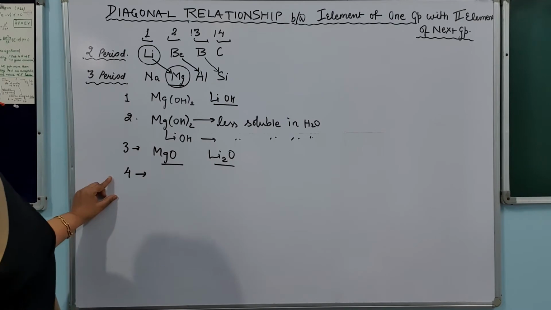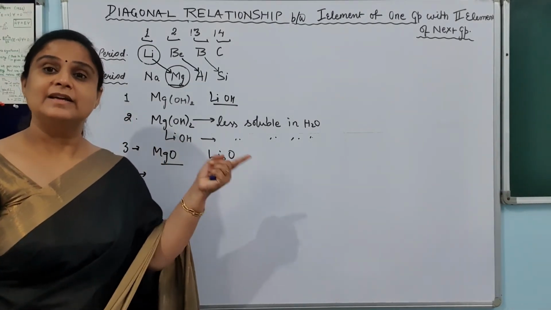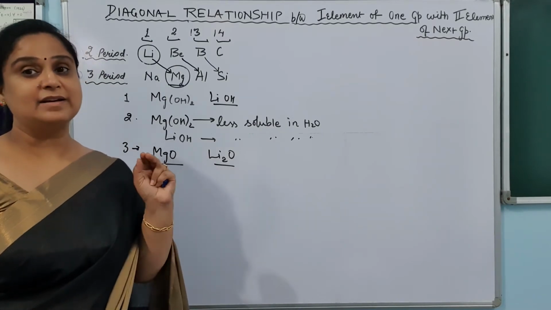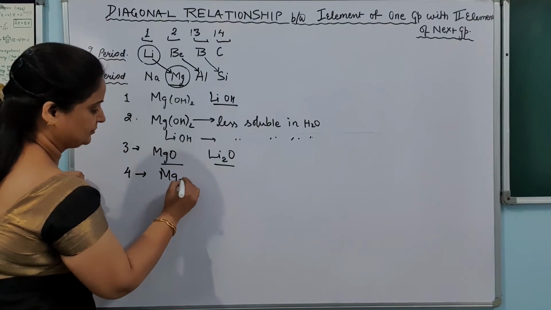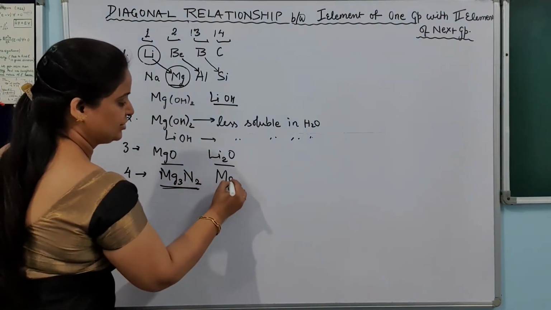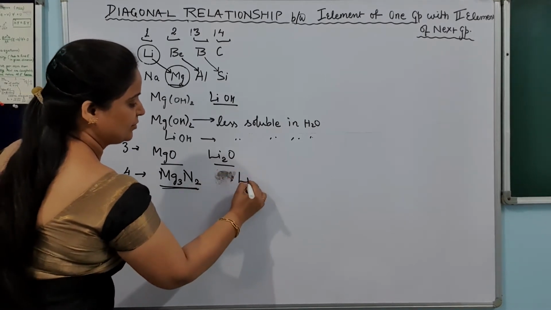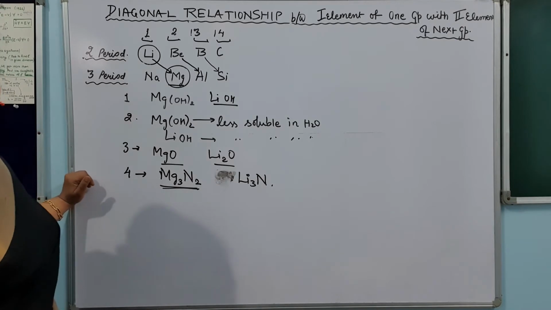The fourth point of similarity: in the group of lithium, no other element was making a stable nitride, whereas magnesium forms a stable nitride, magnesium nitride. Same way, lithium also forms lithium nitride. So this is again a point of similarity.